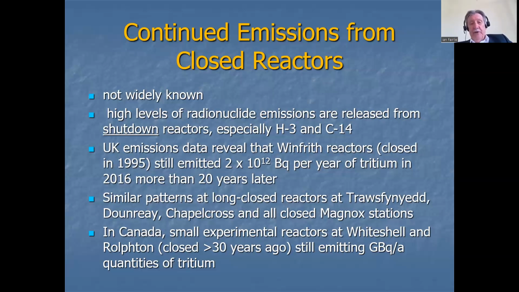The small reactors at Whiteshell and Douglas Point, closed more than 30 years ago, with the fuel taken out, are still emitting 10 to the 9th becquerel quantities of tritium. These are small reactors, by the way, so that's why there's a relatively smaller amount, but it's still 1 billion becquerels a year. So what's going on here? Next slide.